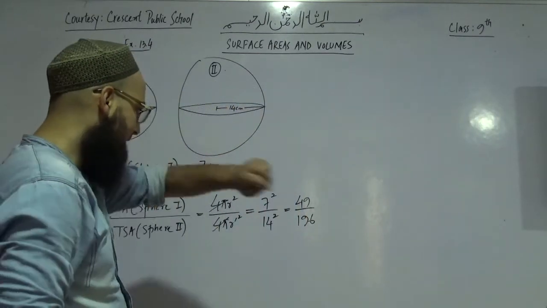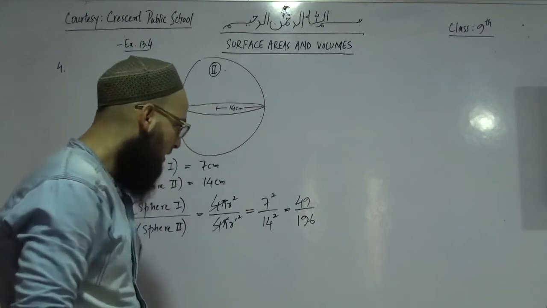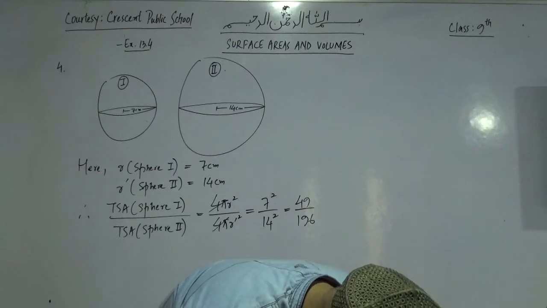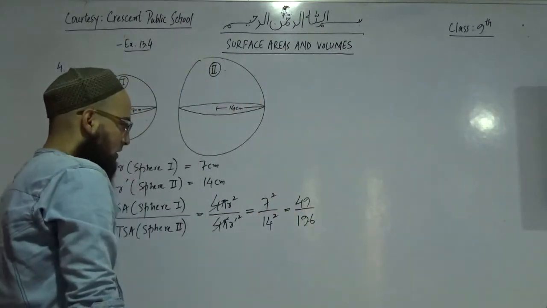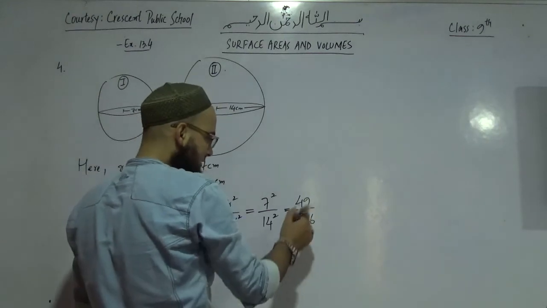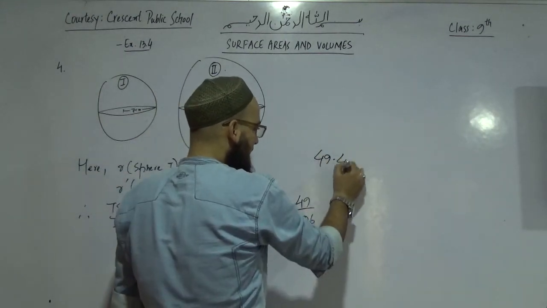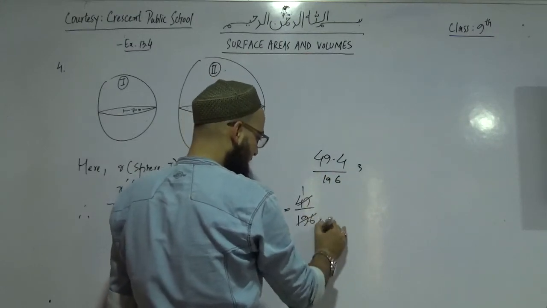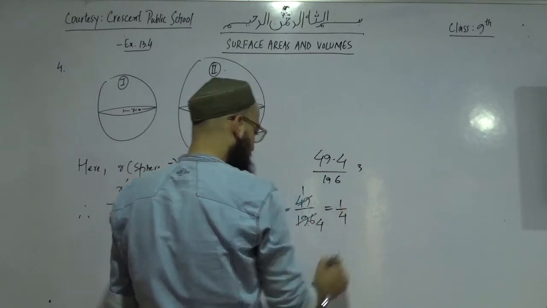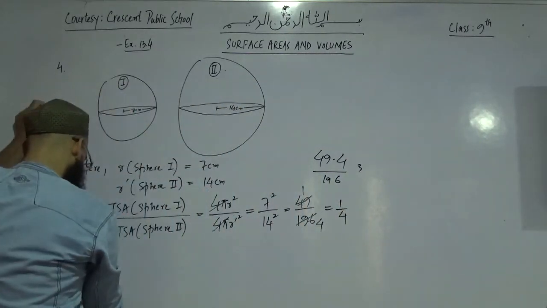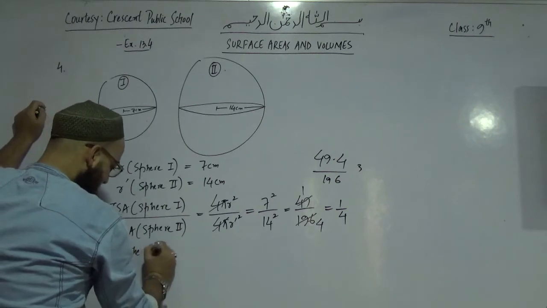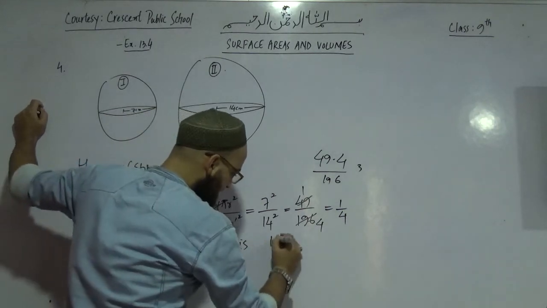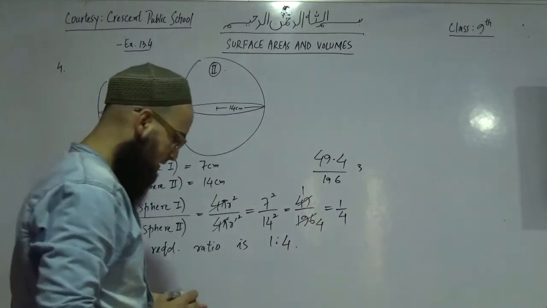So 49 by 196. You can divide it: 49 ones are 49, 49 fours are 196. It's 1 by 4. Hence the required ratio is 1:4. That's your answer.